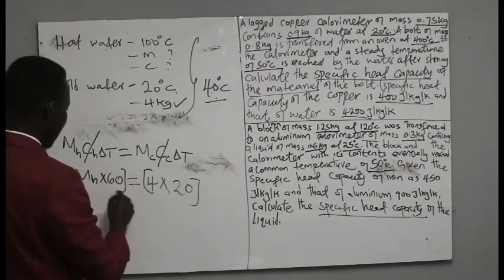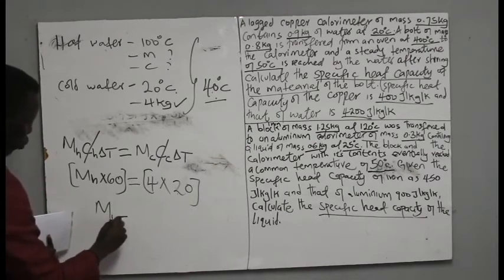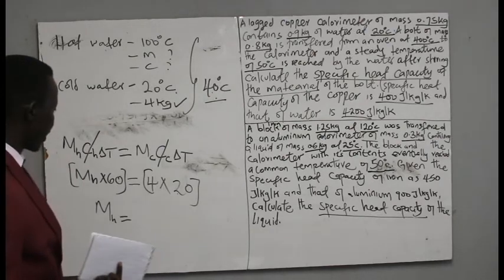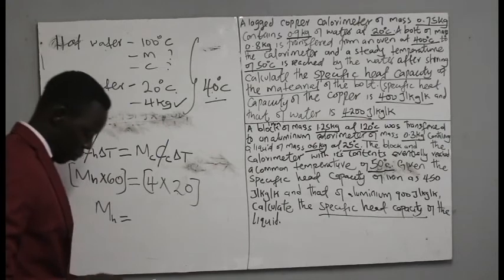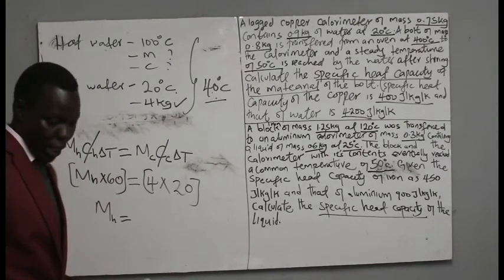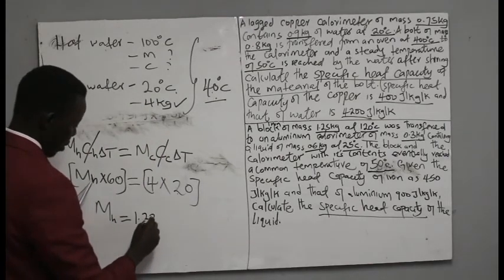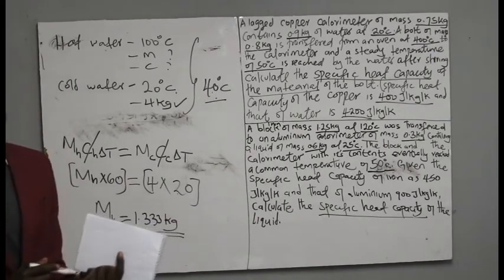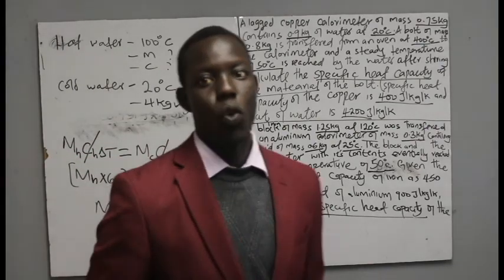So the mass of hot water is 4 times 20, which is 80, divided by 60. It gives us 1.333 kilogram. That is the mass of the hot water that should be added.